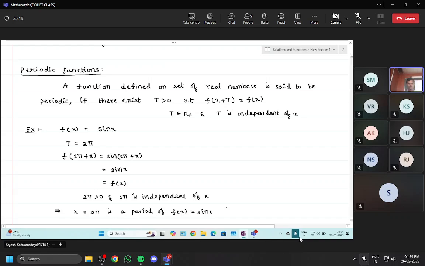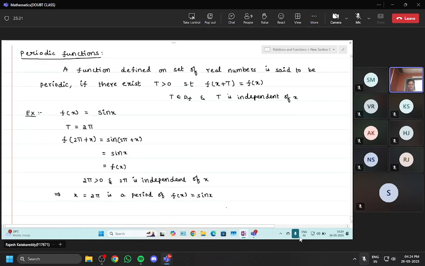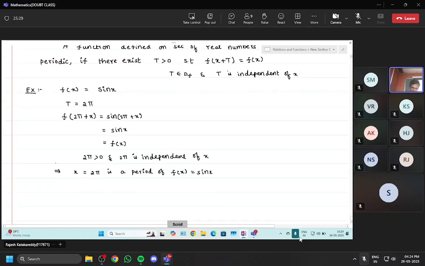Clear? Now one more small definition is there. You guys copied this? Can I scroll up? Everybody? Online students, scroll up. So this is about the fundamental period.